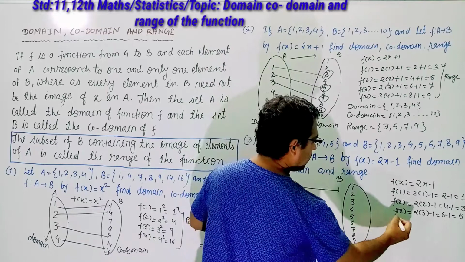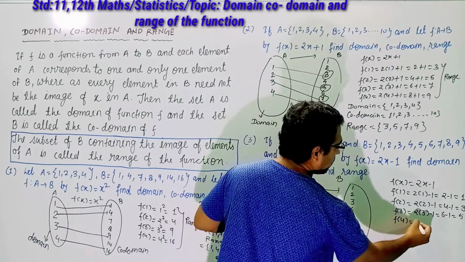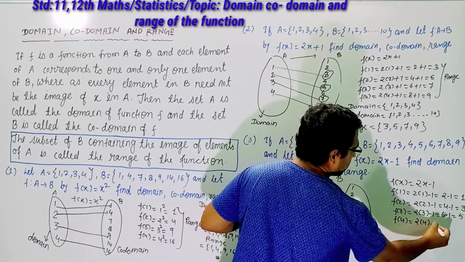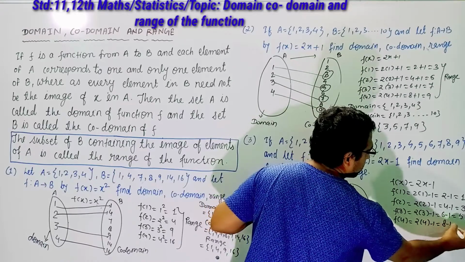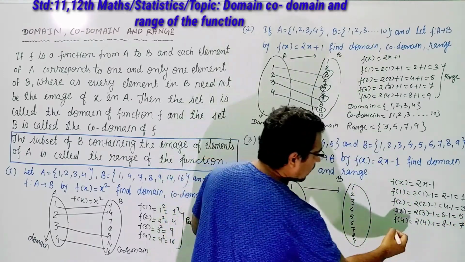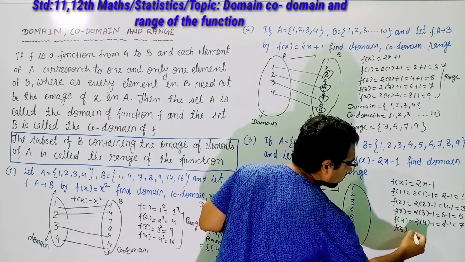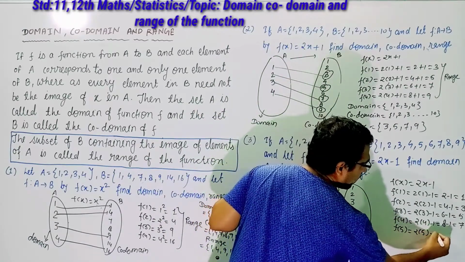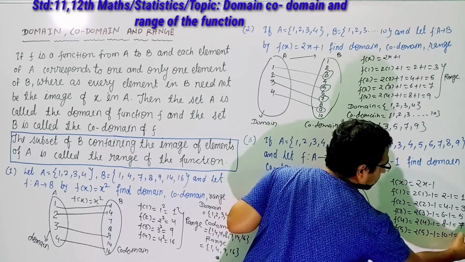And f of 4: 2 into 4 minus 1, 8 minus 1 is 7. And f of 5: 2 into 5 minus 1, 10 minus 1 is 9.